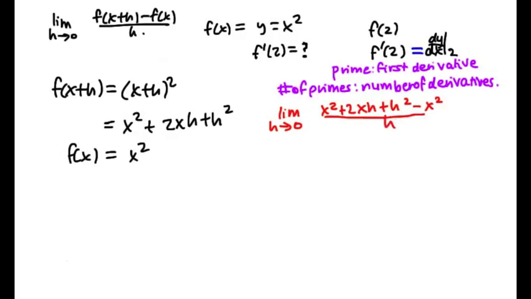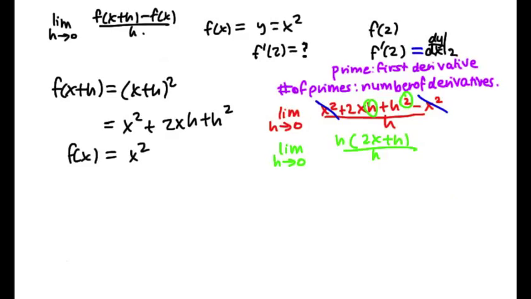And what do you notice? We can cross that out and cancel it. I'm going to take it one step further: the numerator now has an h in common, so I can factor out an h. So I'm going to rewrite this as the limit as h approaches 0 of h times 2x plus h, over h.